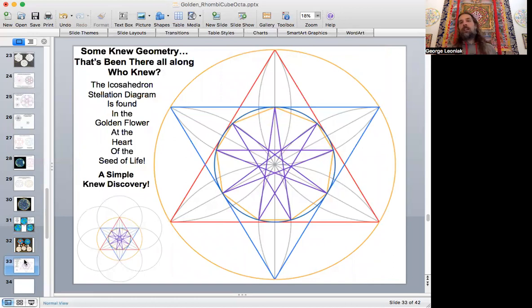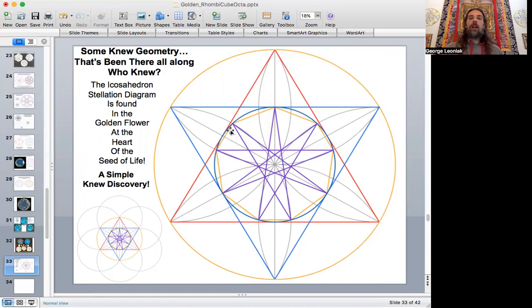so much of what I just shared is really at the heart of the most simple diagram in the seed of life. Here it is in a close-up. It's been here all along when we just go around and use the circles to interact with the other circles to do some dot connecting here.